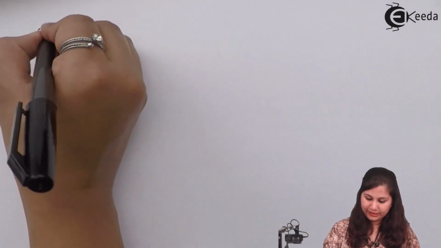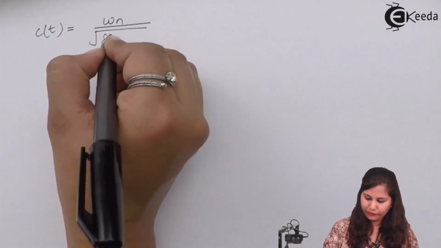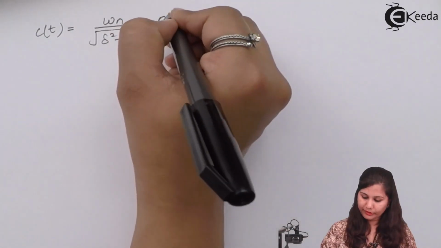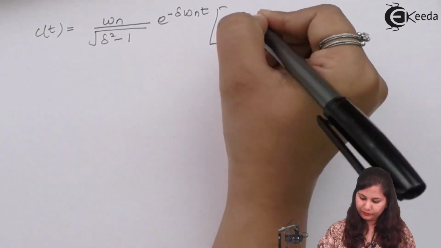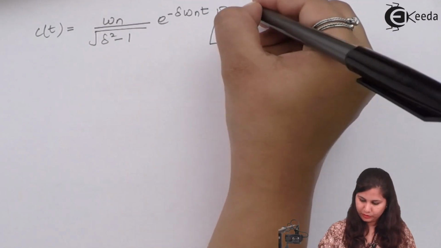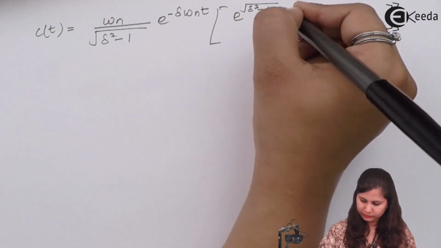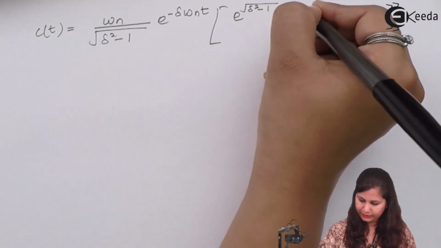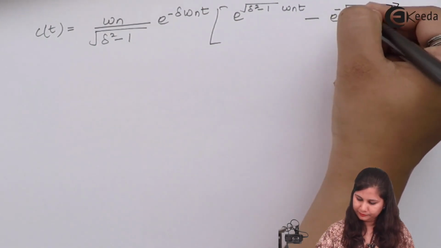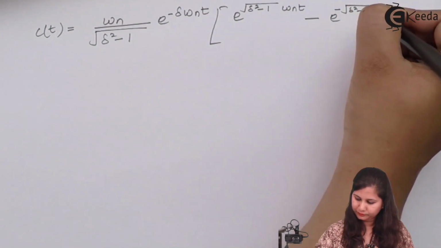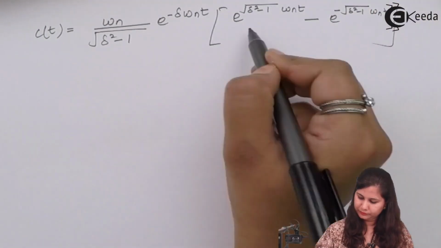We can write ct equals to omega n upon under root of del square minus 1. Here we were having e raised to the power minus del omega n t, and this will become e raised to the power under root of del square minus 1 omega n t minus e raised to the power minus under root of del square minus 1 omega n t, by 2.